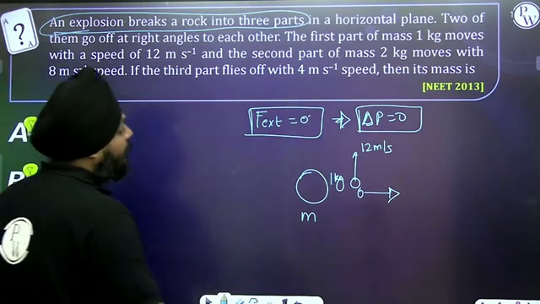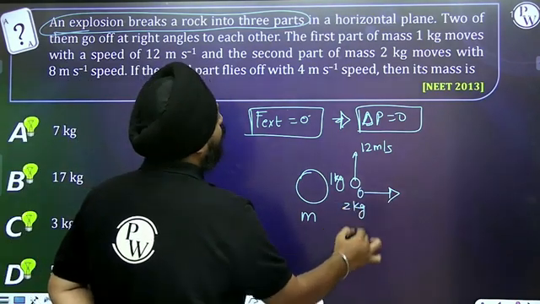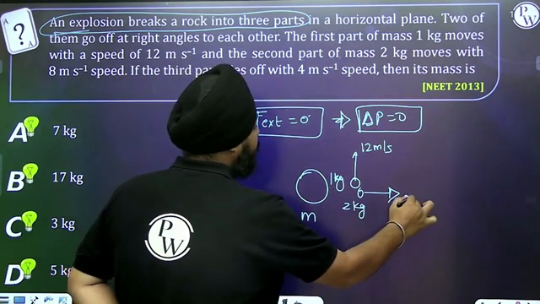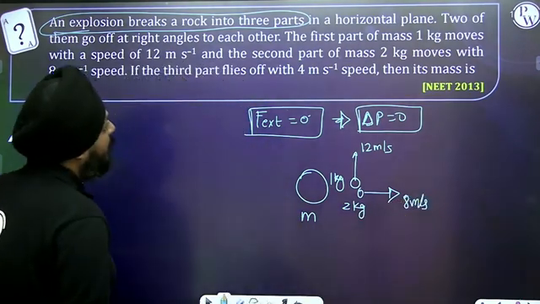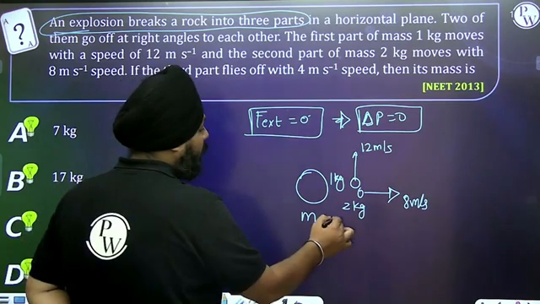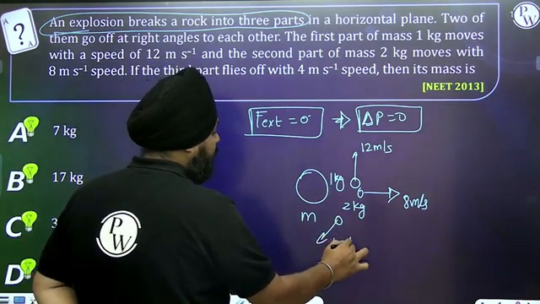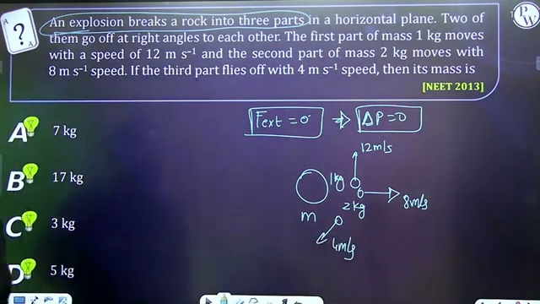The second part, of 2 kg, moves with 8 meters per second. The speed of the third mass is 4 meters per second. Then its mass is what?